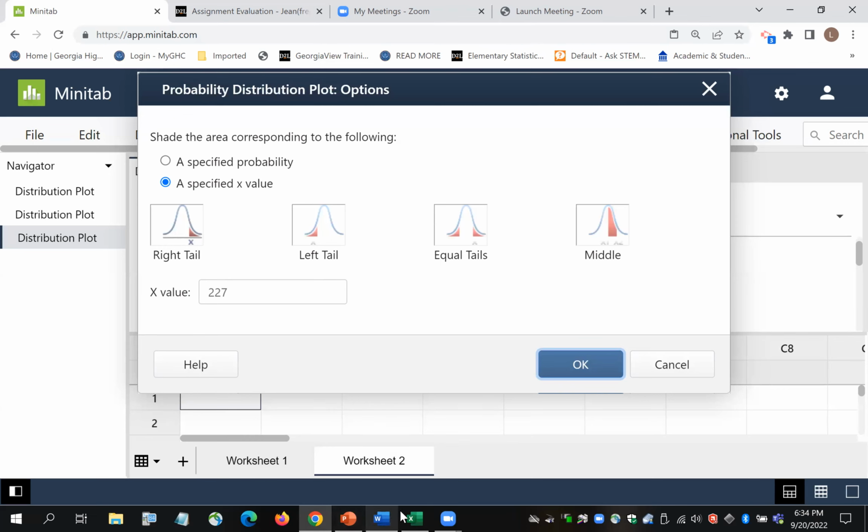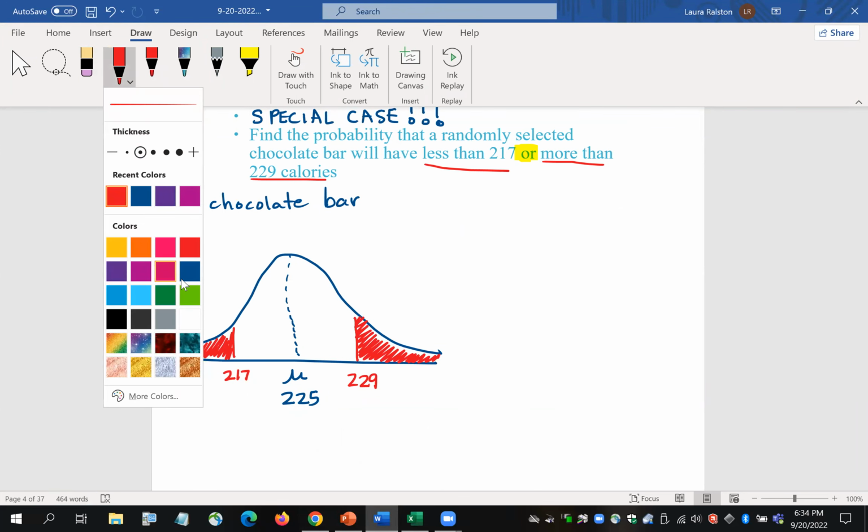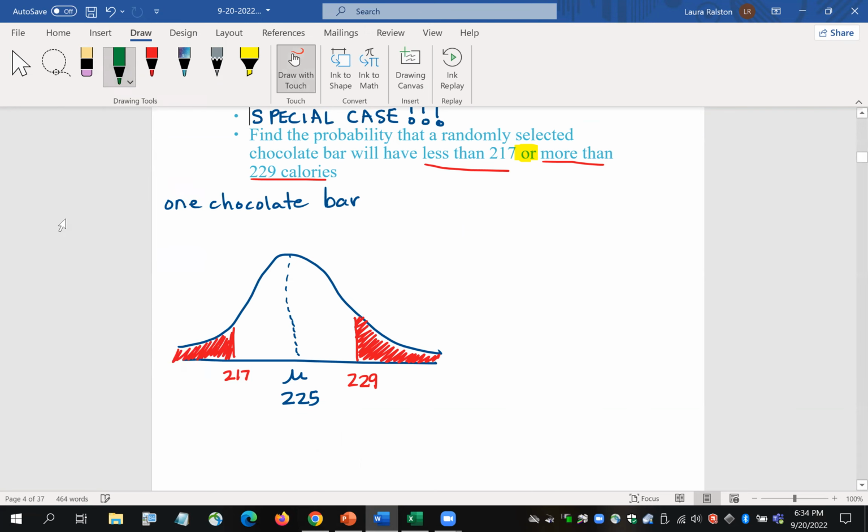So we have to have an alternative way to solve this problem. What I am able to do is think about it like a pizza. I can use Minitab to figure the middle that's between 217 and 229. And I'm going to remove the middle of my pizza.